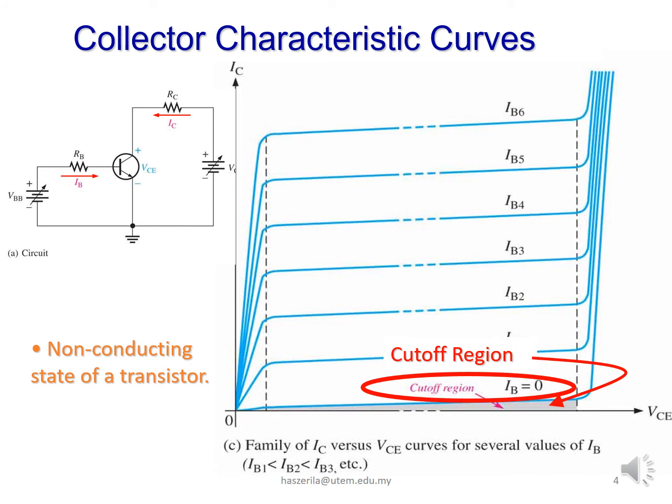When IB is equal to 0, the transistor is in the cut-off region, although there is a very small collector leakage current indicated. Cut-off is the non-conducting state of the transistor.